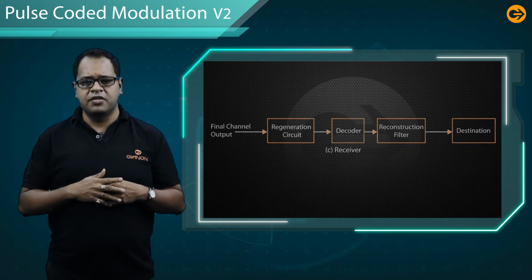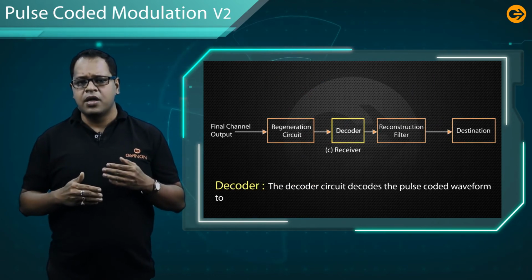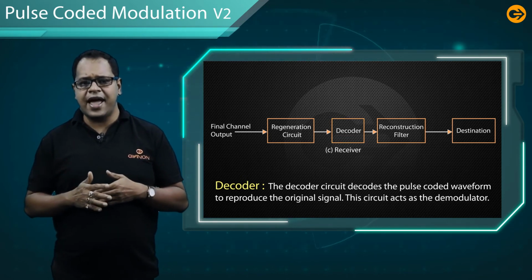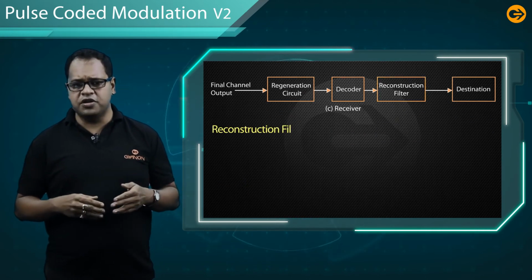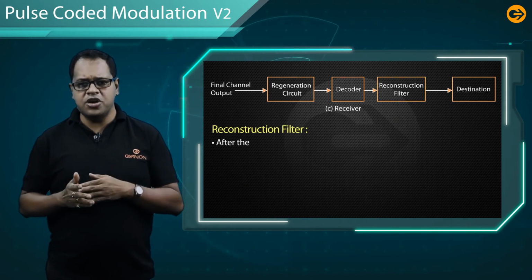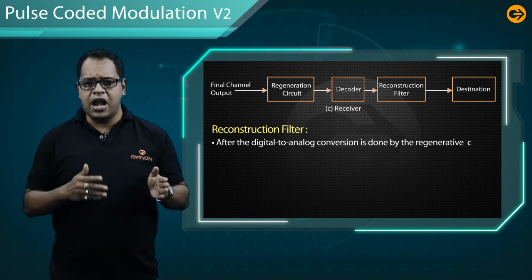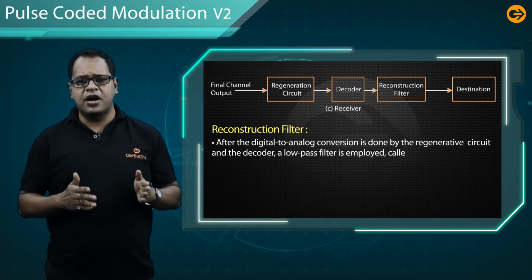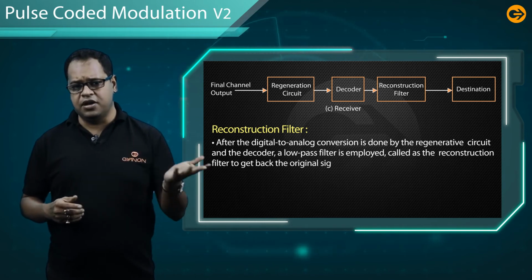Now let us discuss the decoder. The decoder circuit decodes the pulse waveform to reproduce the original signal. This circuit acts as the demodulator. Now let us discuss the reconstruction filter. After the digital to analog conversion is done by the regenerative circuit and the decoder, a low-pass filter, called the reconstruction filter, is introduced to get back our original message signal.